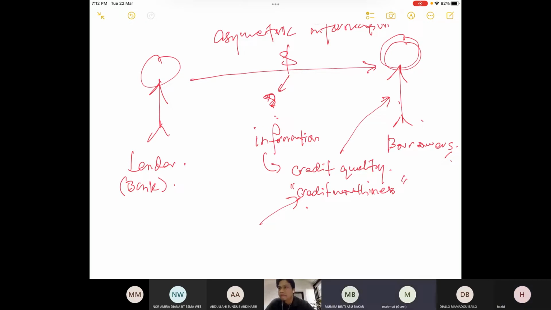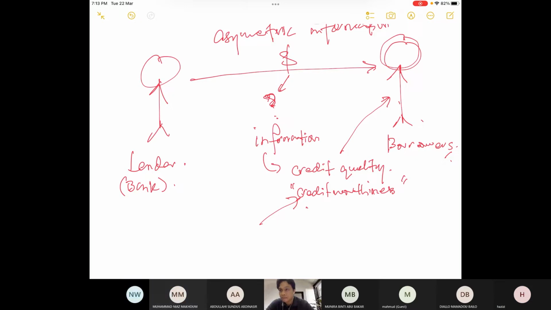I'm saying that now we need to know, as a lender, the information about the credit quality of this borrower, right? So my question now is who is the party that knows the best, that has the most information about this credit quality of the borrower?